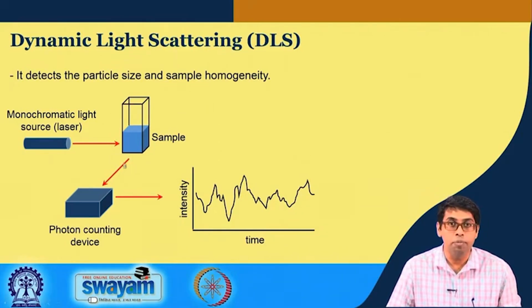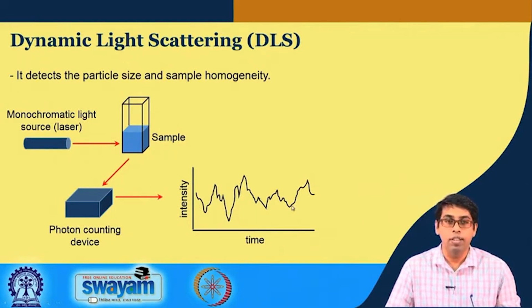You have your sample in a cuvette like this or a sample holder, and a source which generates monochromatic light, in most cases a laser, is incident upon your sample, and then the photons are counted in a device like this. Ultimately what you get is the intensity as a function of time, and you will see that the intensity fluctuates as a function of time.